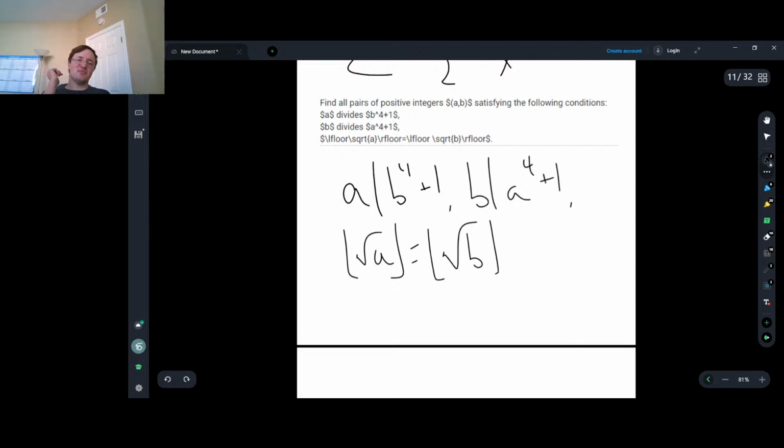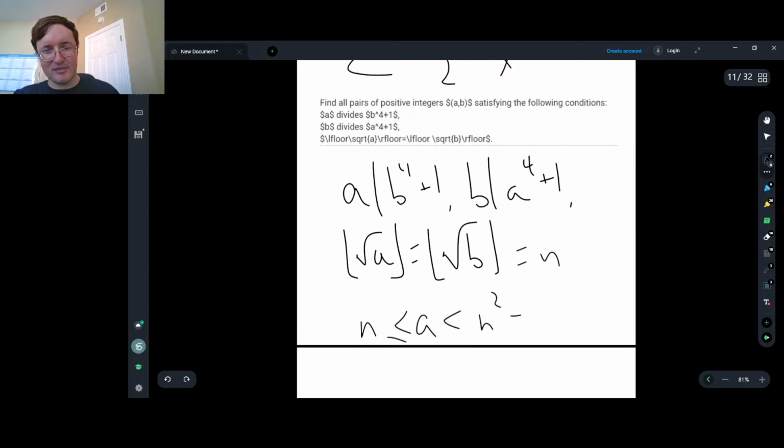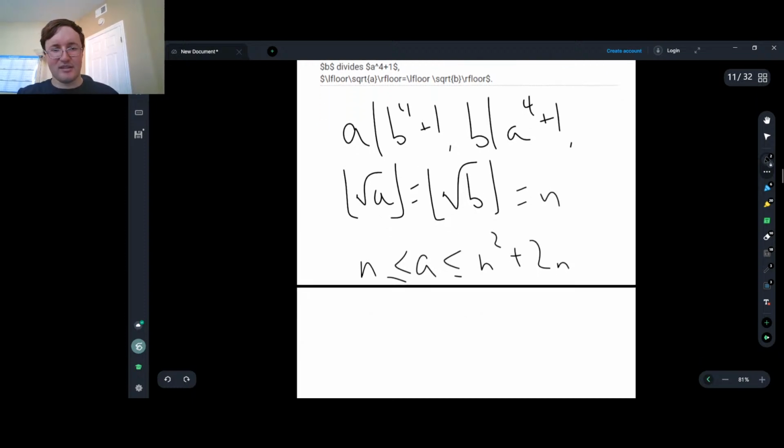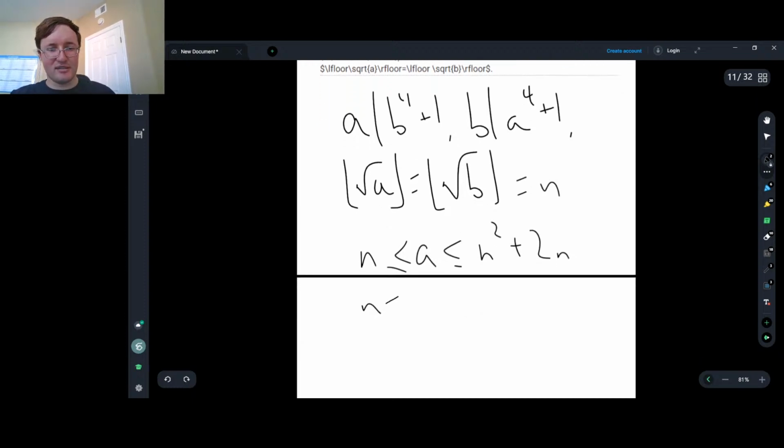Interesting. So that's saying that a and b are fairly close to each other. So let's say that this is equal to n. So then a is between n squared and n squared plus 2n, and same for b.